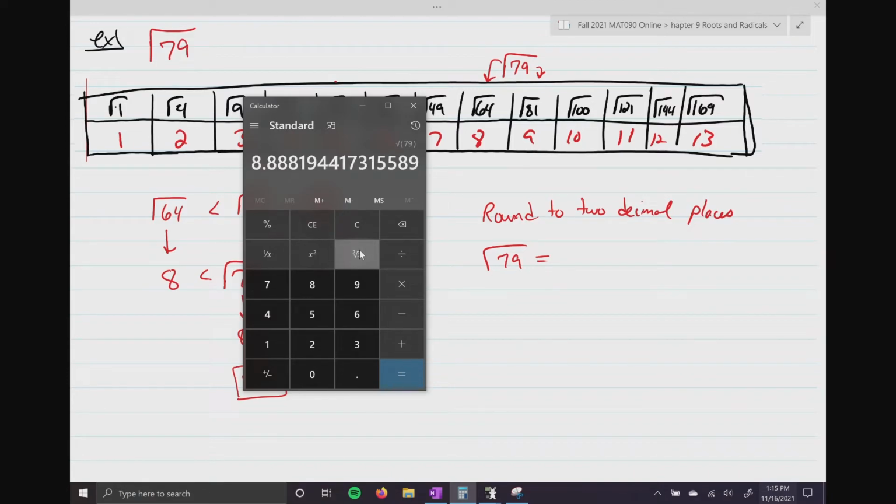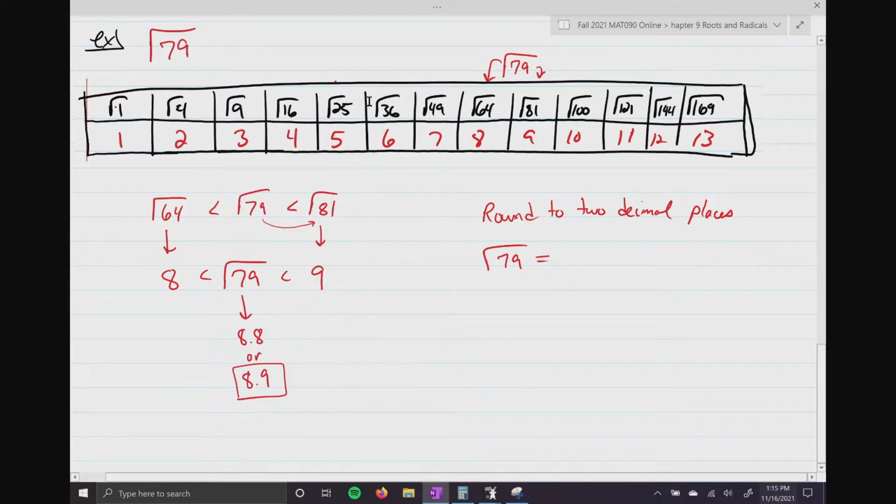And notice if I round this to 2 decimal places, it's going to be 8.89, which if I were to round that to 1 decimal place, I would have rounded to 8.9. So I feel really, really good with my guess. Oh, I used the wrong symbol. We got to use the approximation symbol there because we're estimating what it is.